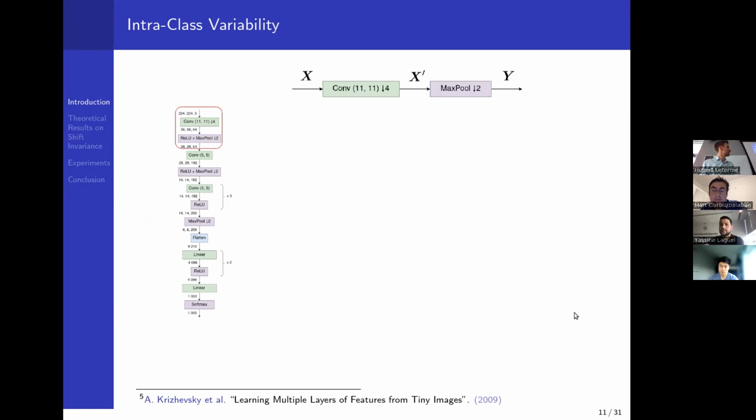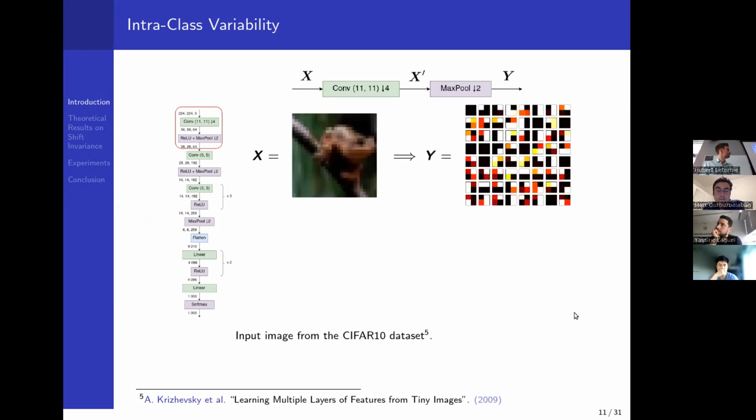So let's consider again the first layers of AlexNet, and we take as input a random RGB image and propagate it through these two layers. Let's take this image, for example, and the output: we get 64 output channels here, each of which corresponds to a specific convolution kernel.